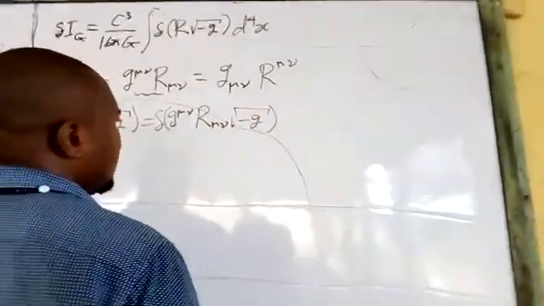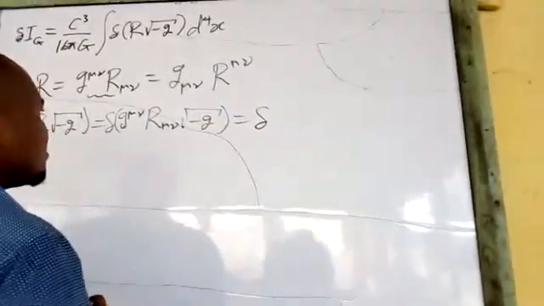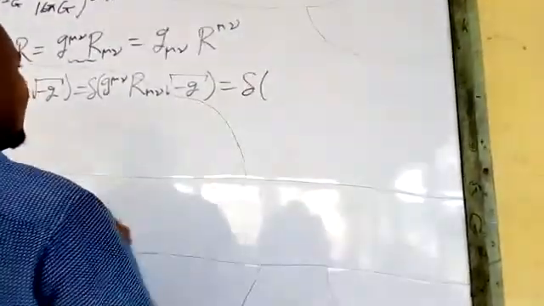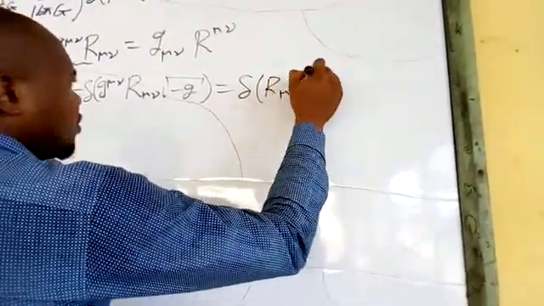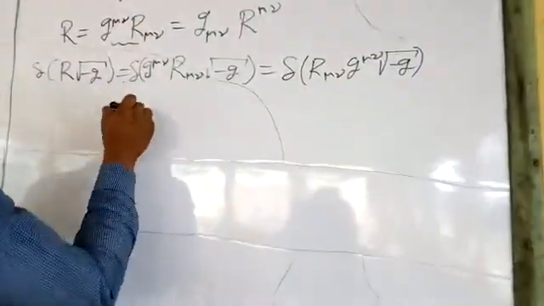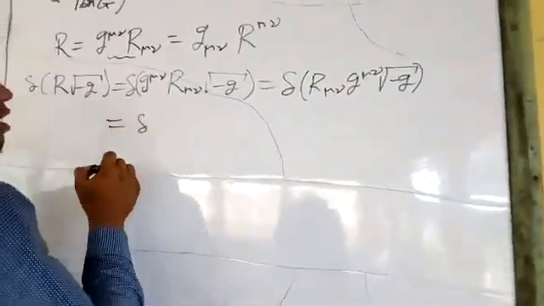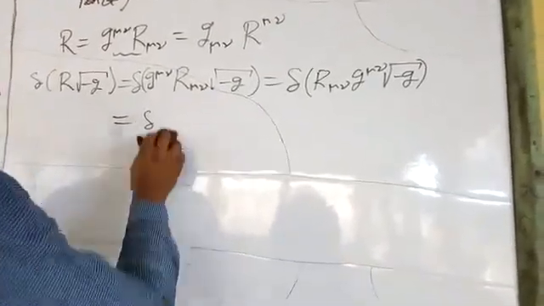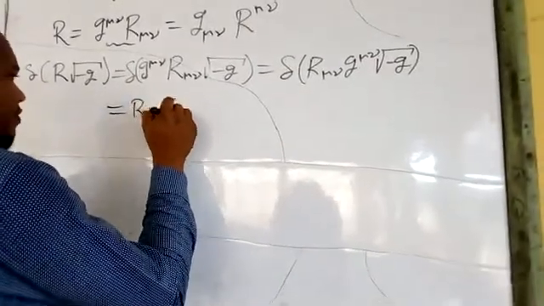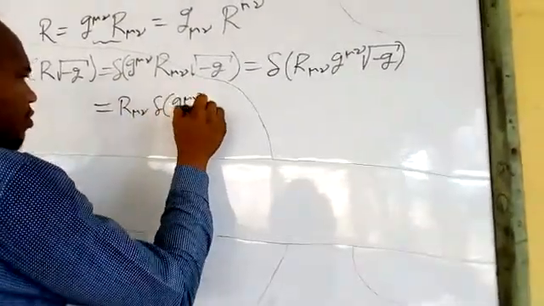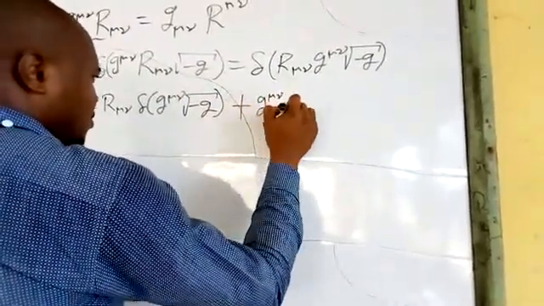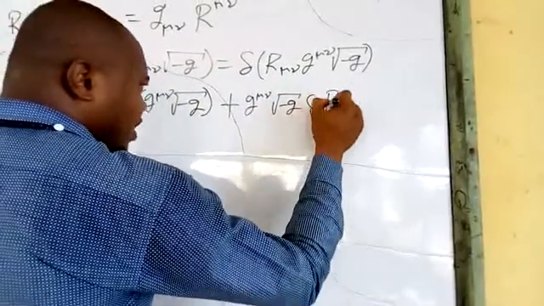Let me put it this way: R_{mu nu} times the variation of g^{mu nu} square root of minus g, plus g^{mu nu} square root of minus g times the variation of R_{mu nu}.